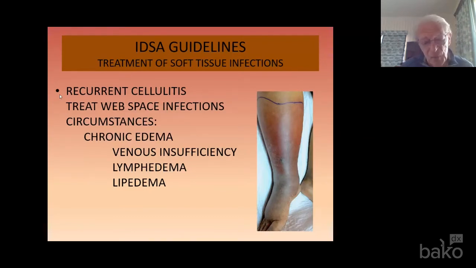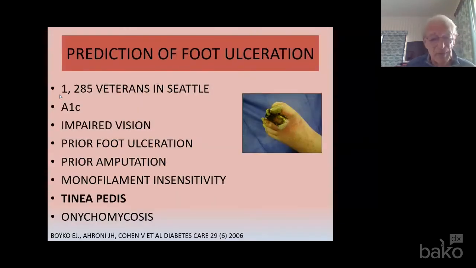So we want to treat those toe web space infections in addition to making efforts to reduce the edema, whether you do it with just elevation or prescribing or dispensing compression stockings, or whether you prescribe intermittent sequential lymphedema pumps, whatever your technique is. But the point is, this is a recommendation directly from the Infectious Disease Society of America.